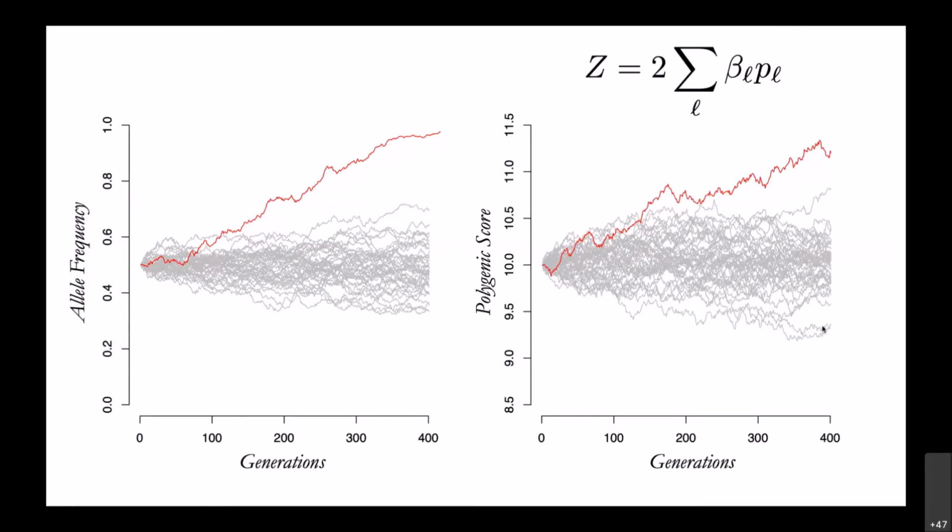So the lesson here is that if we know which sites to look at, then we can compute these polygenic scores and develop tests which can tell us about which traits show evidence of adaptation in, say, human populations using population genetic data sets.